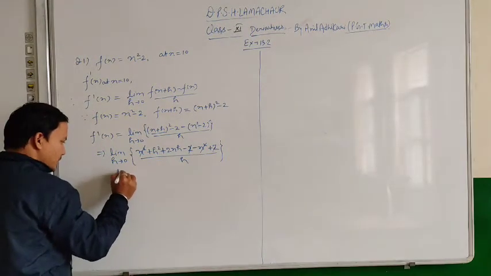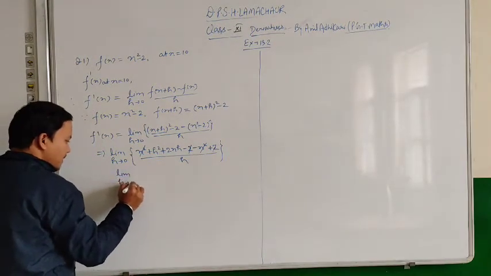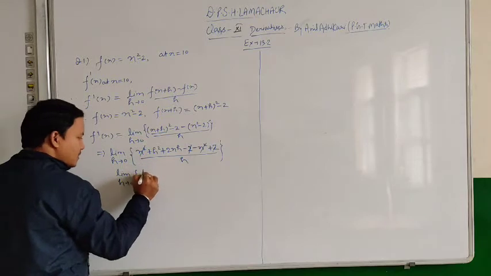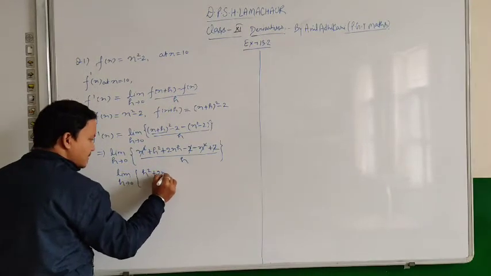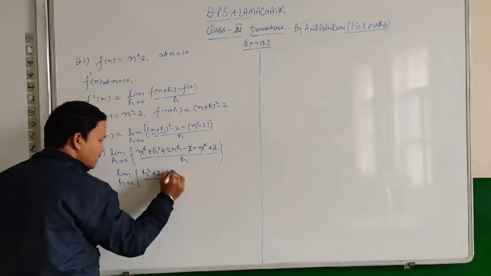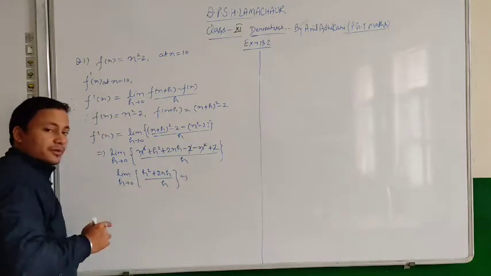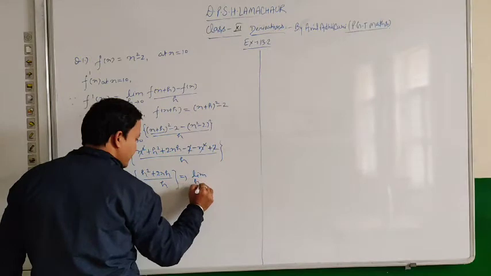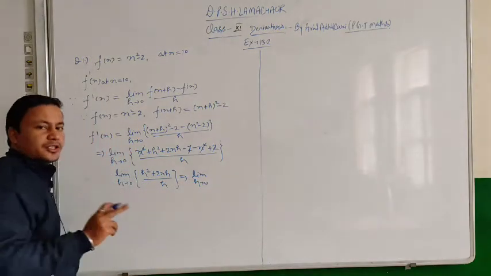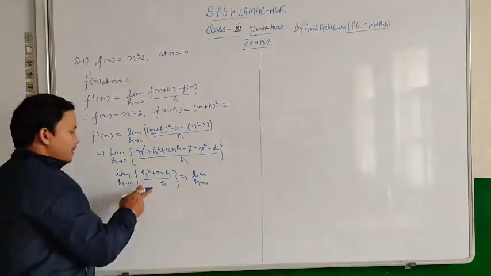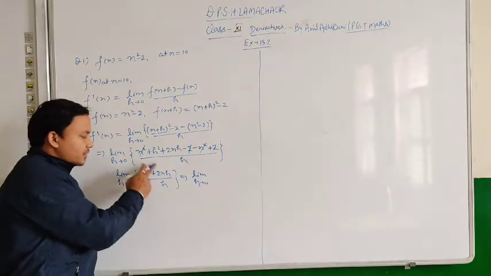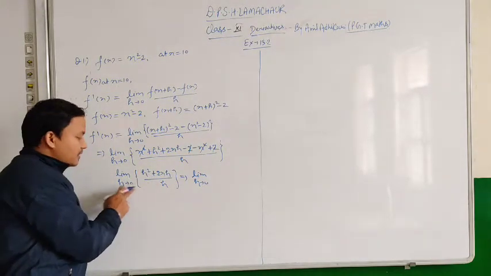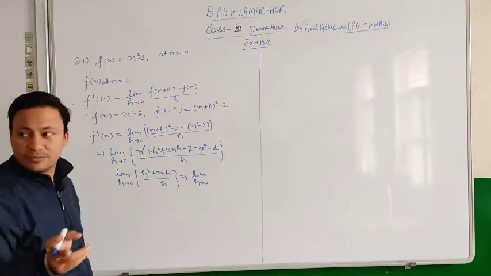So the remaining part is limit h tends to 0, that is h square plus 2 times xh divided by h. Now taking h common from the numerator so that we can cancel out the h given in the denominator, because if we are not going to cancel out this h, on applying limit, this function will turn into indeterminate form.